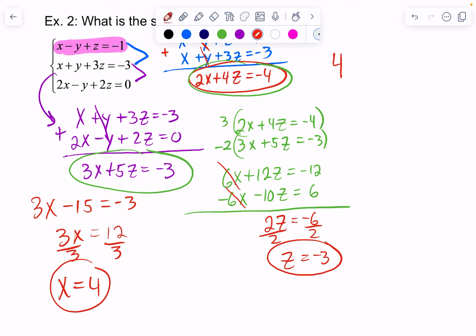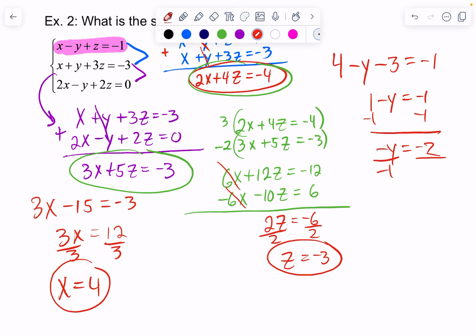So I've got 4 minus y minus 3 equals negative 1. That's 1 minus y equals negative 1. Subtract the 1. Divide by a negative 1. And y equals 2. So my solution is 4, 2, and negative 3.